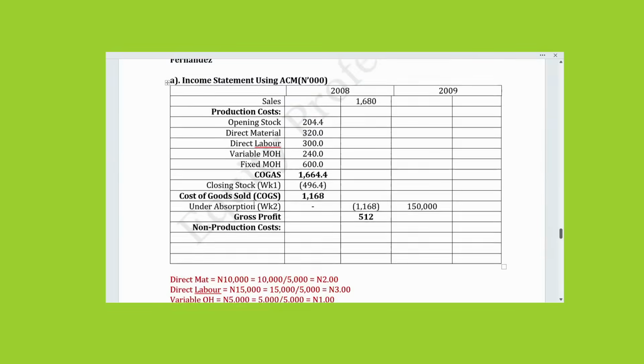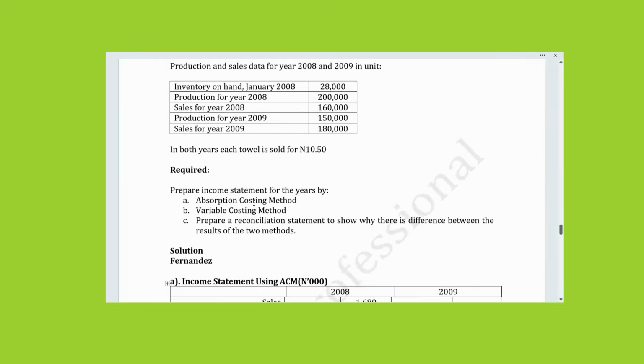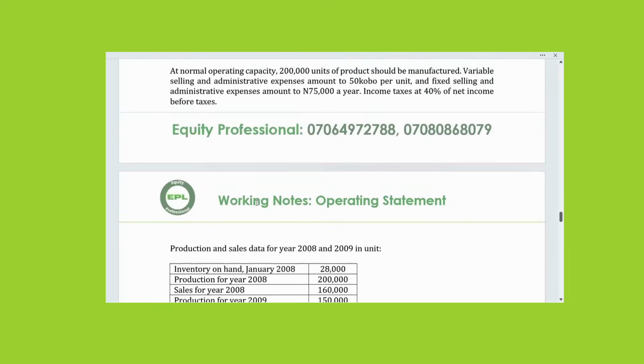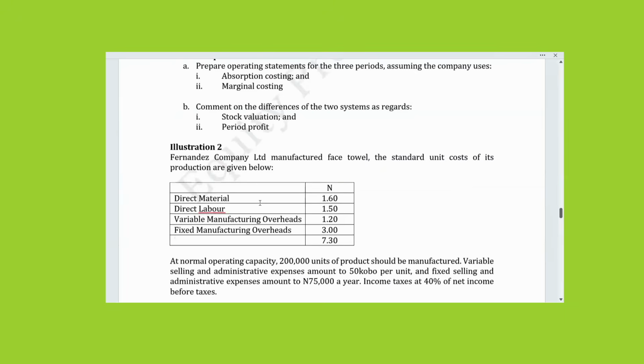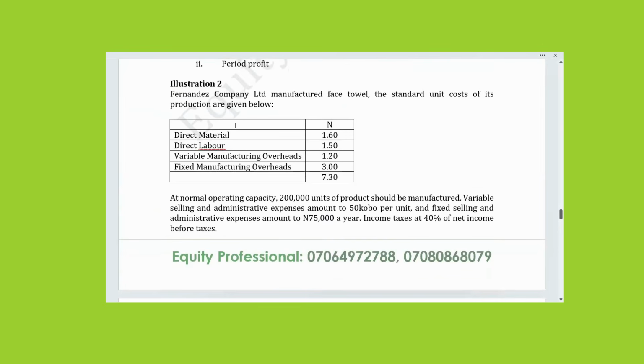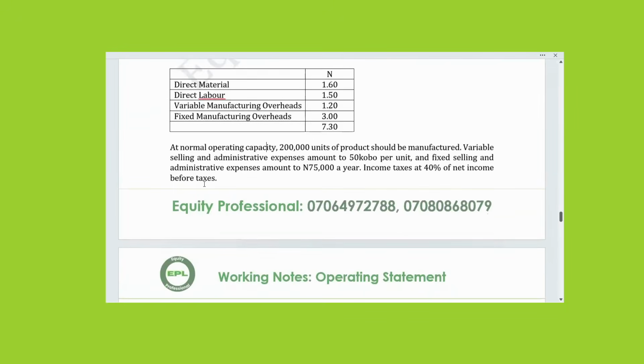So I will then go to the question to check if I have any variable cost or fixed cost that is not related to production. All right, all these ones are production cost per unit. So we then go to the additional information.